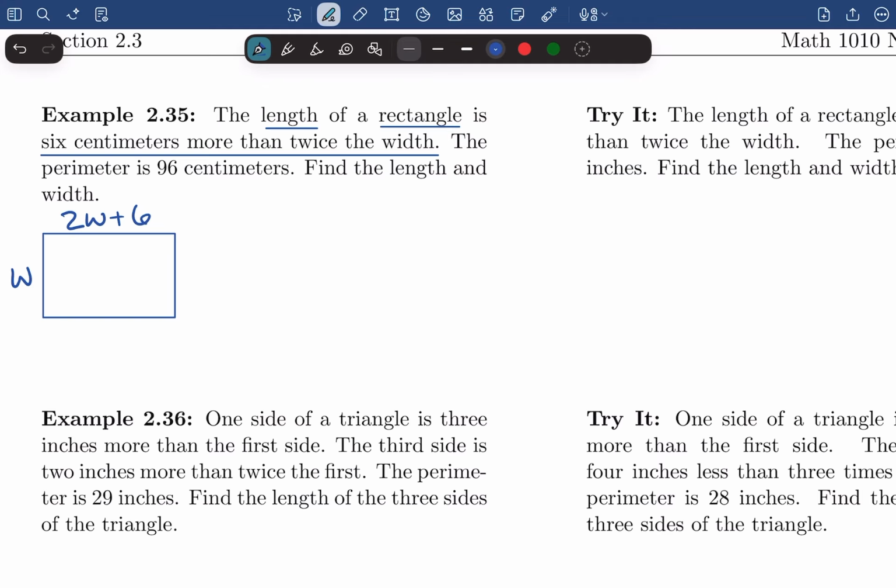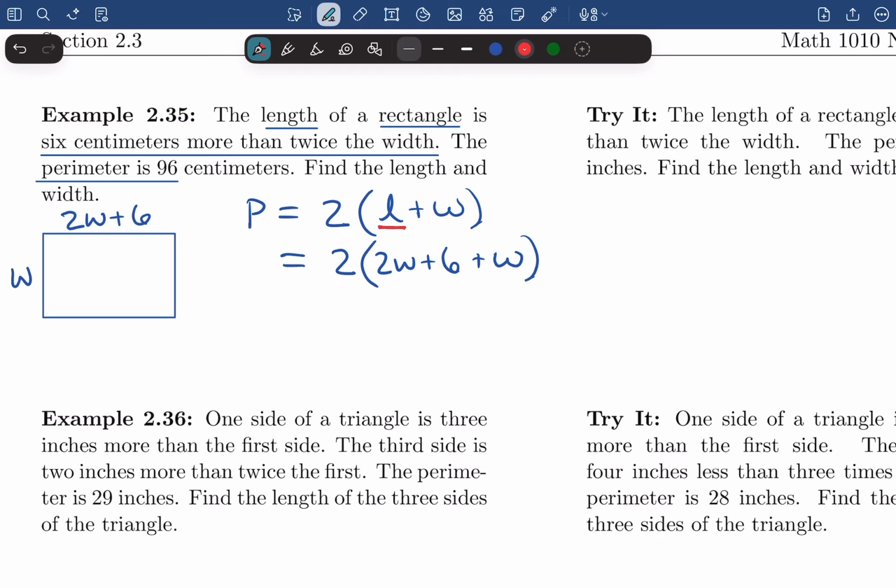Now that I've done that, I can use the perimeter formula. Because they told me the perimeter is 96 centimeters, I'll get out the perimeter formula for a rectangle, which is perimeter equals 2 times the length plus the width. Now, remember, we just said the length can be written as 2w plus 6. So let's go ahead and write 2 times, well, the length, which is 2w plus 6, and then plus w.